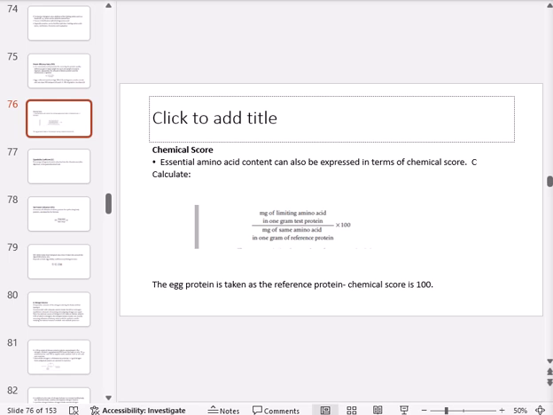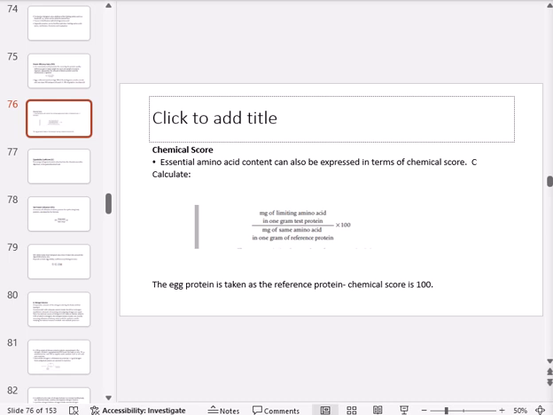So we are comparing the protein we want to test with a reference protein, like a standard known protein. The egg protein is taken as a reference protein because its chemical score is 400. So we see egg protein being quite a good quality protein, because even the BV was high, like 96.